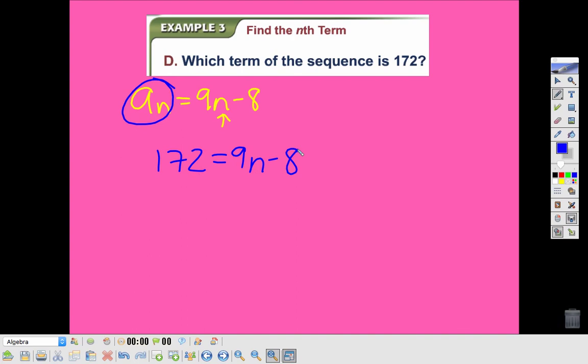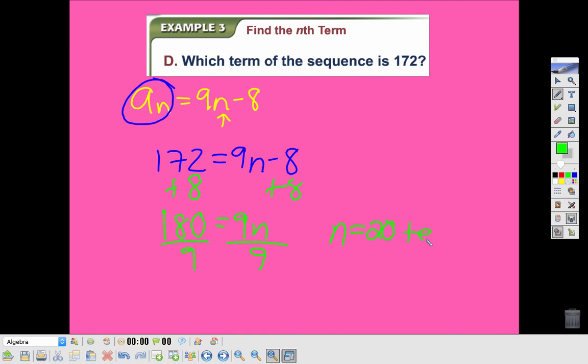So this is going to be 172 equals 9n minus 8. The n doesn't go away. So a sub n, we know the final answer. So what do we do? We add 8.